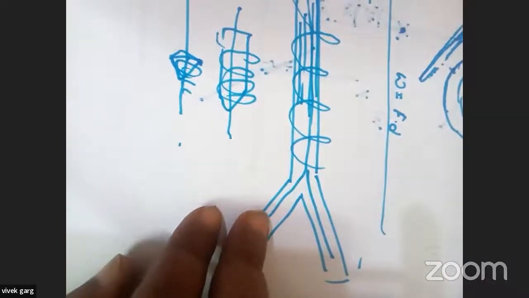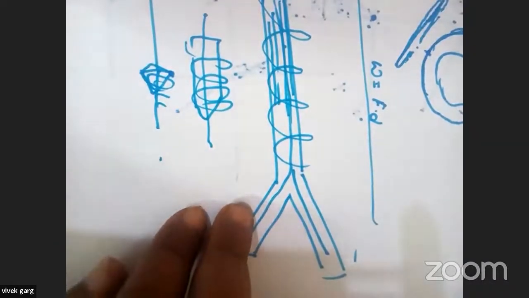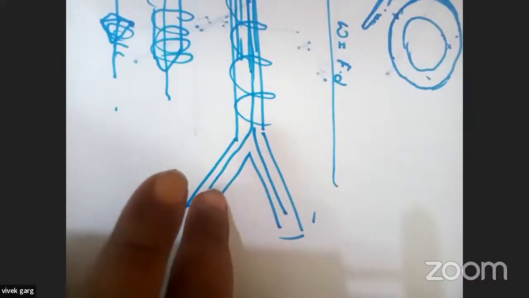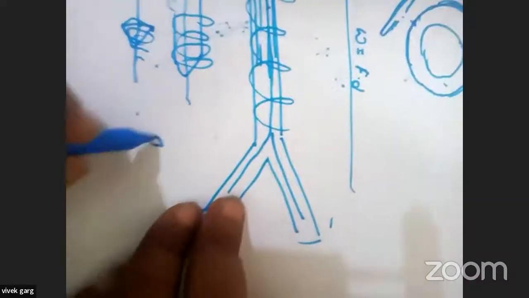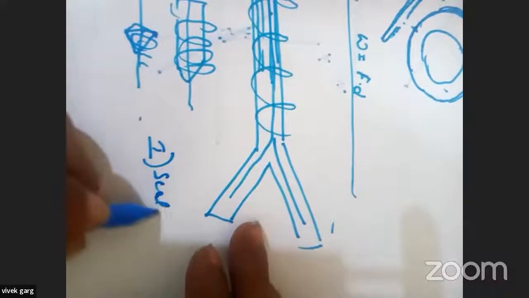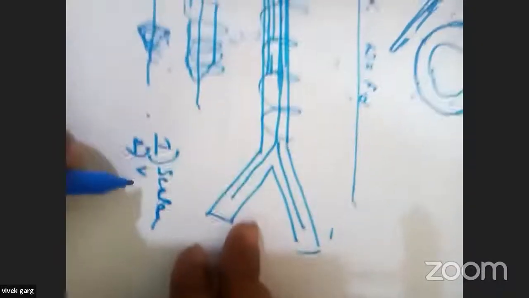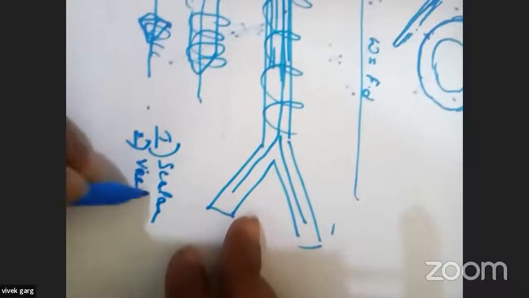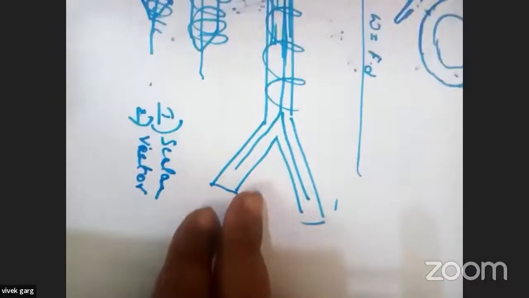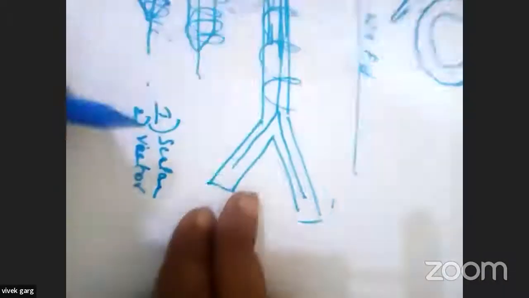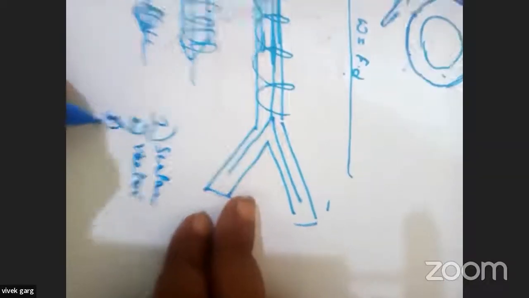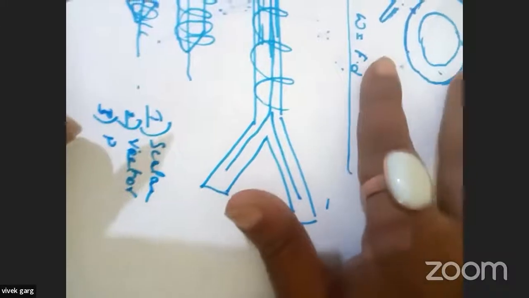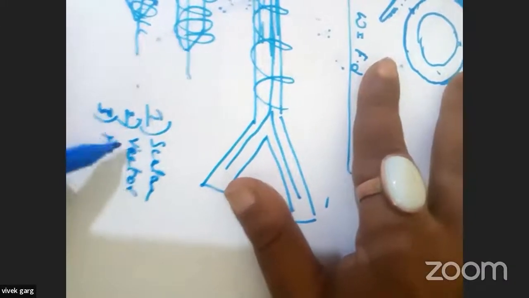Finally, if we look at the conditions: scalars, no direction. Number two, vector, single direction. Phasors, planar, that is, 2 dimension.